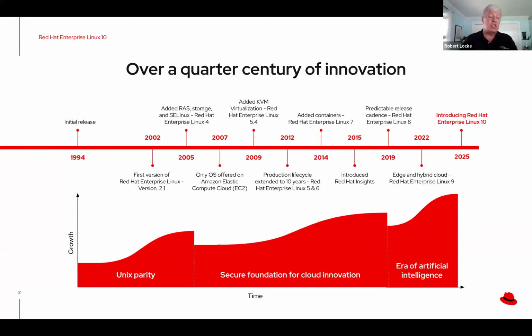So you see the addition on the timeline there of KVM virtualization, which we first introduced in Red Hat Enterprise Linux 5.4 in 2009, which has ostensibly replaced the original Xen virtualization architecture that we had available. And then we added containers, which is really making a big splash in RHEL 10, but we initially added those as application service containers in Red Hat Enterprise Linux 7 back in 2014.